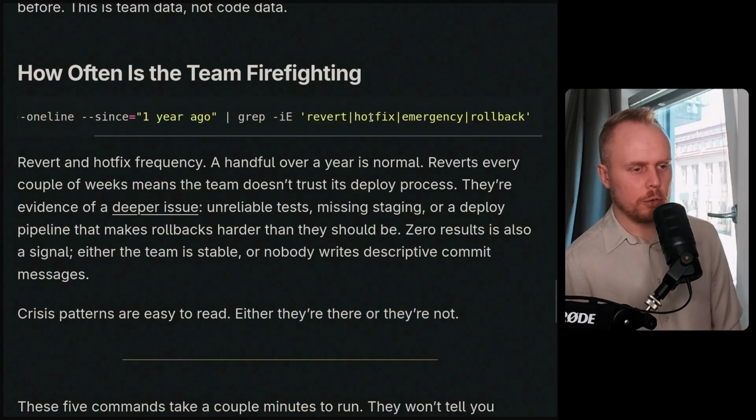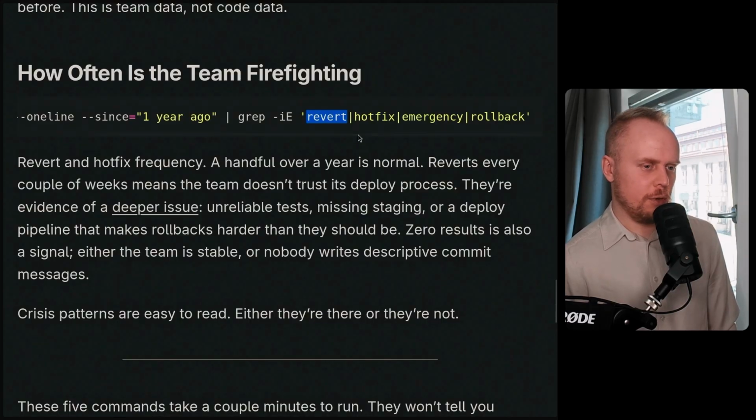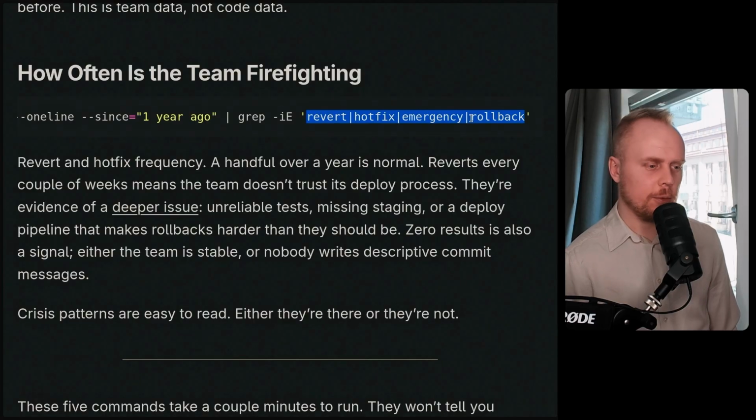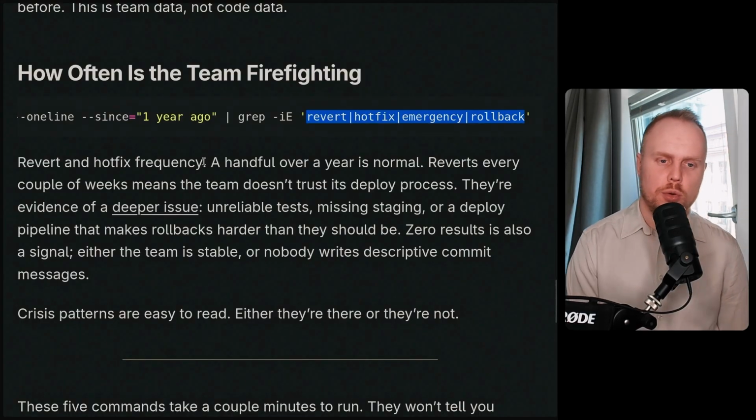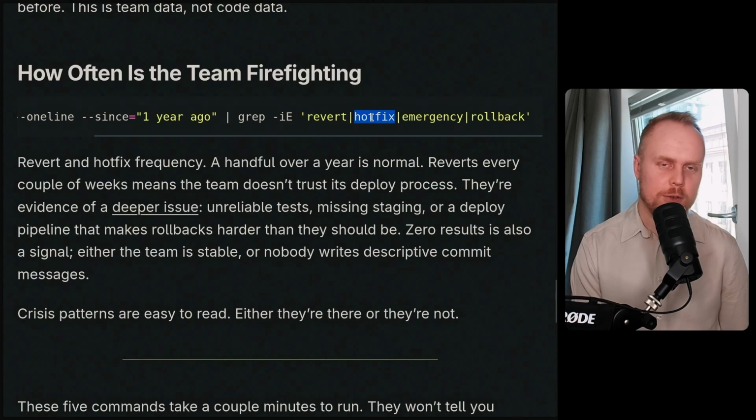So this is like hotfixes, as we see here, and then reverting things that didn't work as intended. I suppose that's always bad if you need to do these things frequently. But I don't know, it also depends on how critical the software is. Maybe it's fine to push and test in production, and you just make a hotfix and release it if something is bad.